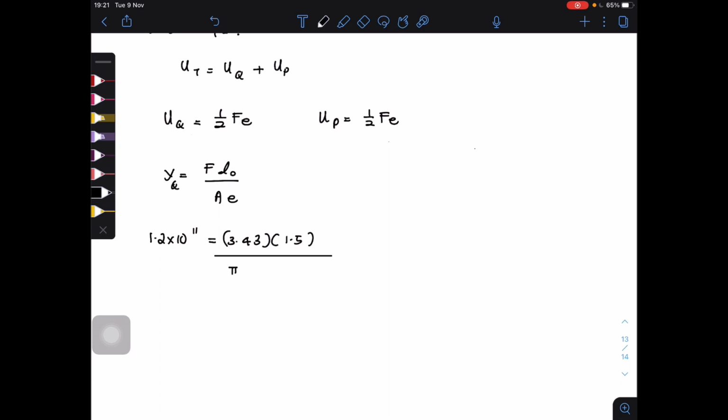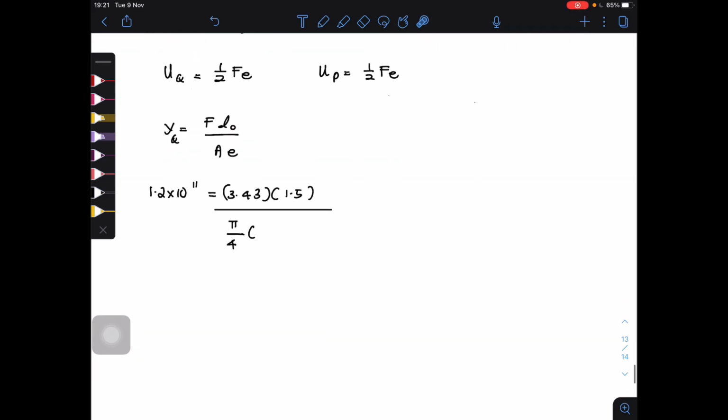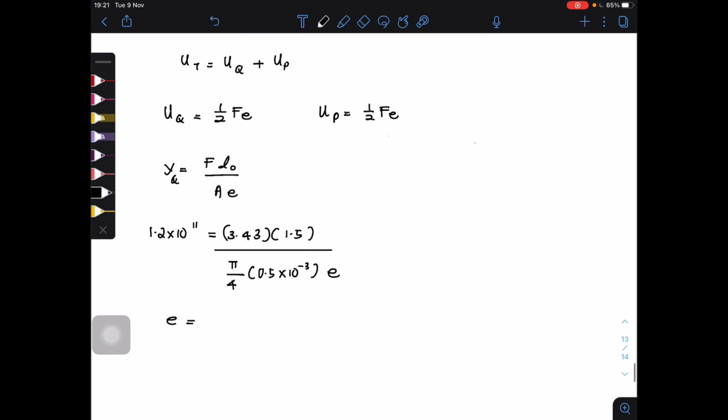Area adalah pi d square, pi d square divided by 4. So diameter of the wire here is this one, 0.5 millimeter. Then times with E. So elongation of the Q is equal to 2.18 exponent -4 meter. Okay, let me double check that one first.